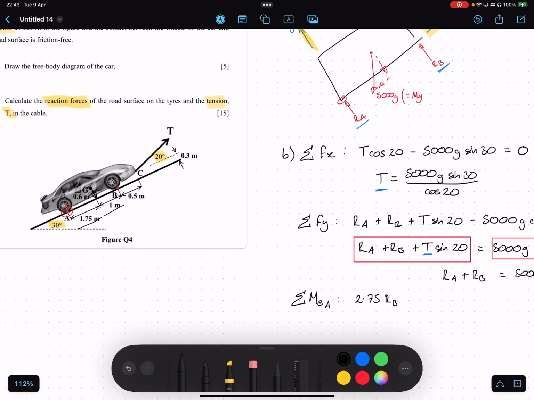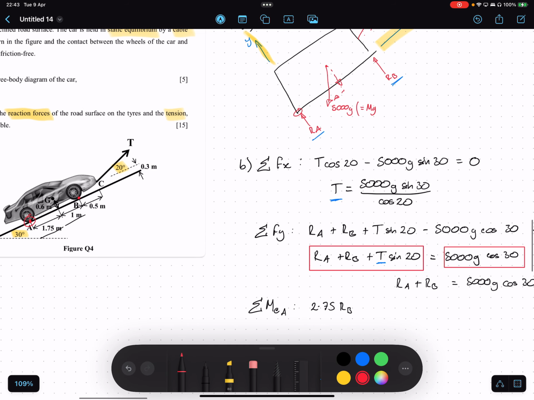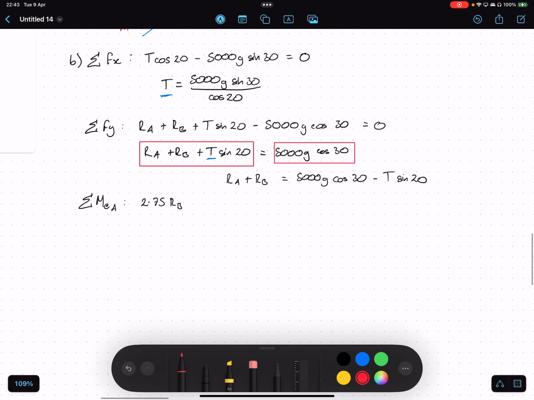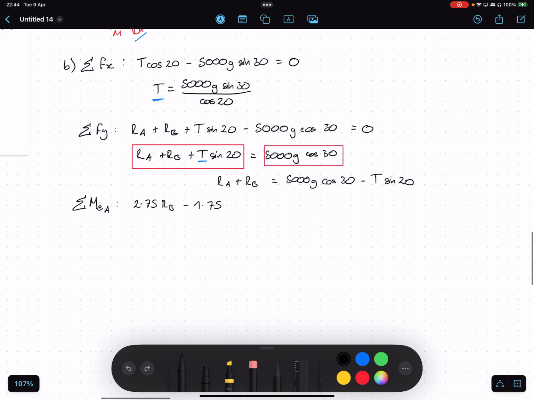So again, just for clarity, in this case, let's say that our chosen direction for the reaction forces is counterclockwise. So that puts our moments at negative 1.75, because that's where the center of mass is along here. 1.75 times 5,000 G. Let's put that in brackets for clarity.